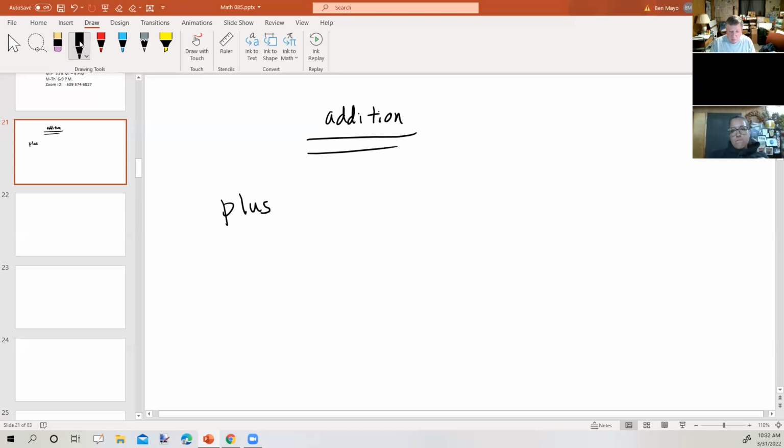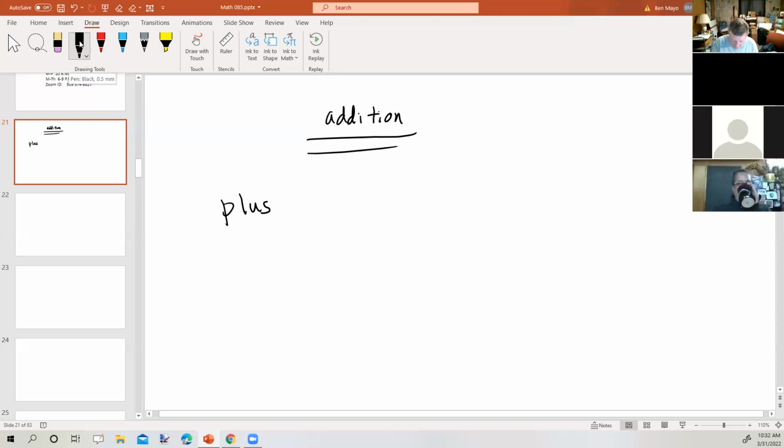Anybody think of any words or word phrases that imply addition? Sum. Sum, excellent, okay. The sum of 3 and 7 is 10. Great, sum, okay. Any others?